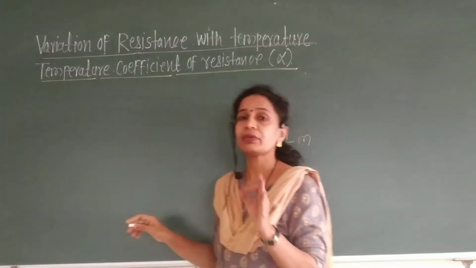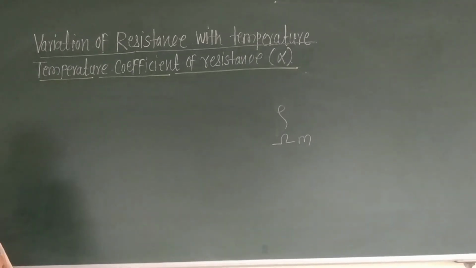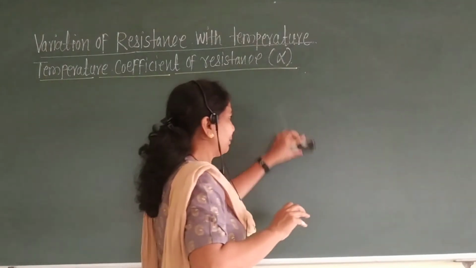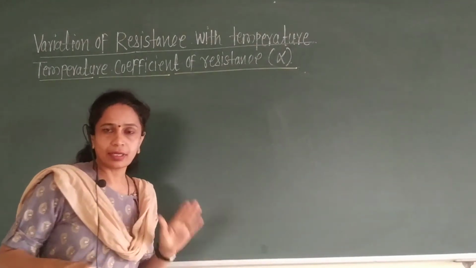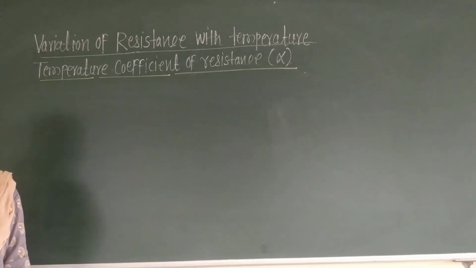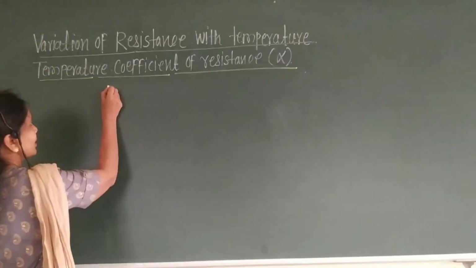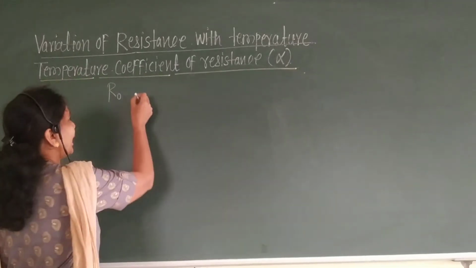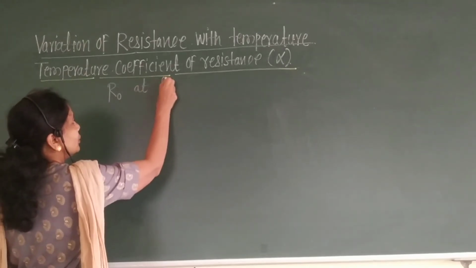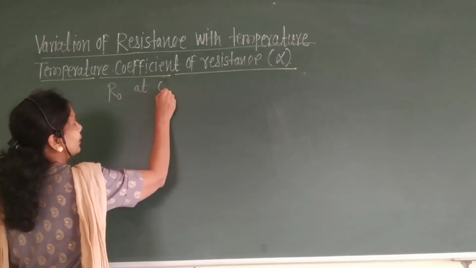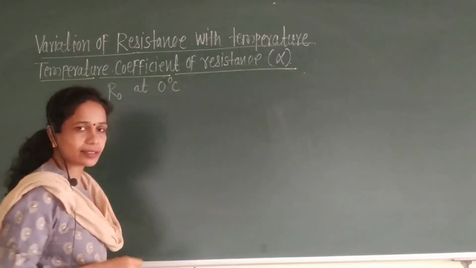It is denoted by letter rho and its SI unit is ohm meter. This resistivity of a material varies with temperature. Consider a conductor of resistance R0 at 0 degree Celsius.